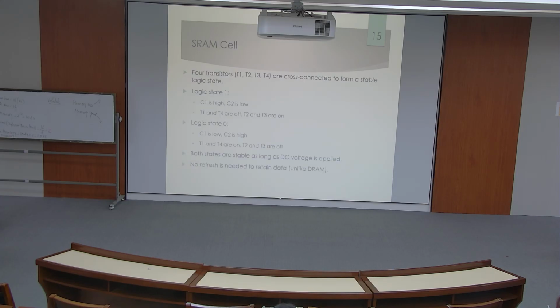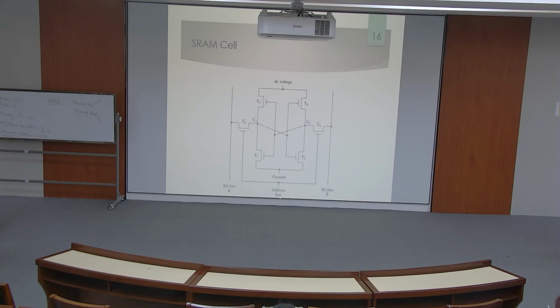Now, this picture on the screen depicts what we call an SRAM cell. This is a six-transistor SRAM, which is the standard for static RAM, and we're going to break it down in more detail. We have T1, T2, T3, and T4.